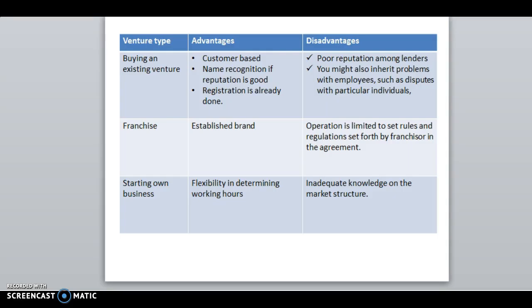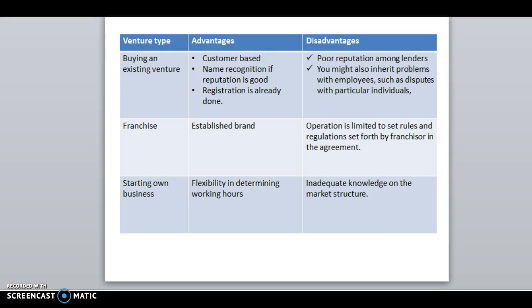Or rather, it can be that I have my own way of management, and I get these employees, and they are used to the previous type of management. So adjusting to my management will be quite difficult for them. So this can be a challenge to me when buying an existing venture.